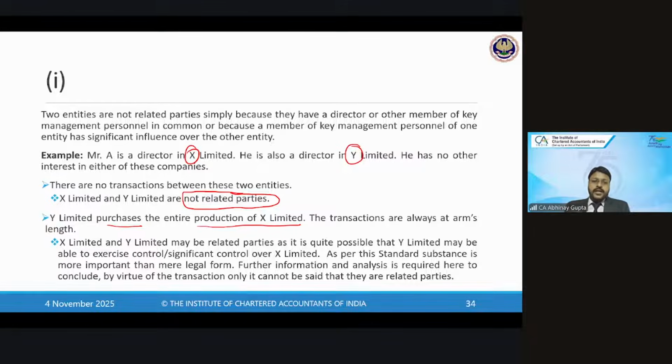So we need to dig deeper and understand the structure of both entities, who are the people behind the curtains ultimately controlling them, and whether they are close members. All those investigations need to be done. But prima facie, just by virtue of having a significant transaction with another company, two companies cannot be regarded as related parties. Is that clear?